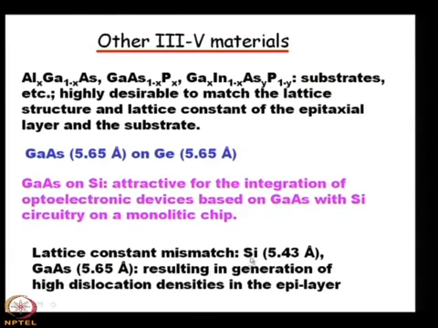Why? Because there will be lattice mismatch, and because of the mismatch, a high dislocation density will be there in the epitaxial layer. The dislocation sites will act as recombination centers for the electrons coming down from the excited state, say from the conduction band.